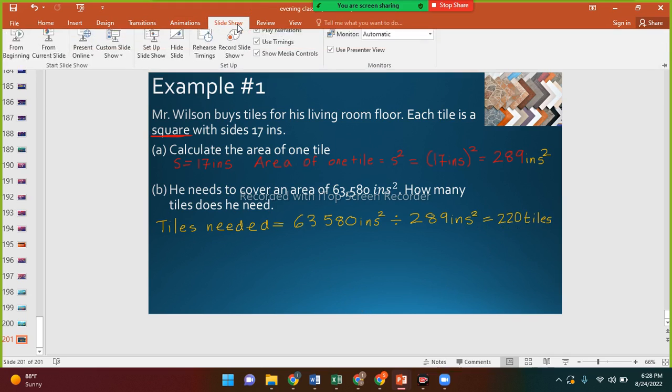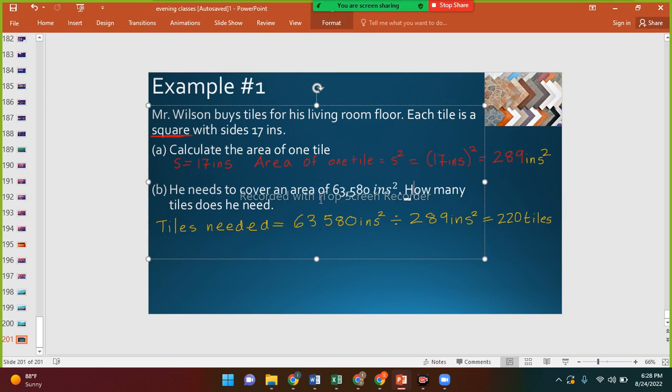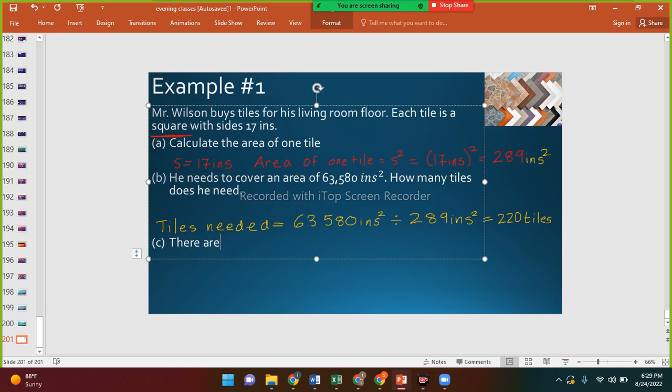Okay, now the next question says, this is C. It says there are 12 tiles in each box, and only whole boxes can be purchased.